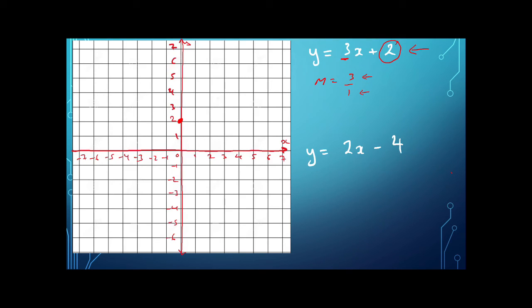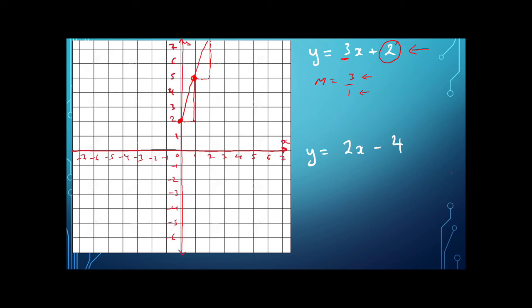And how can we do that? Well, let's have a change in x there, which is 1, and then let's go up 3, 1, 2, 3. So from there to there, we know that it has a gradient of 3. Let's do that again so we can carry on. 1 across for 3 up.